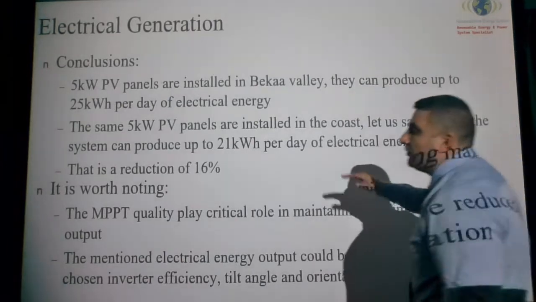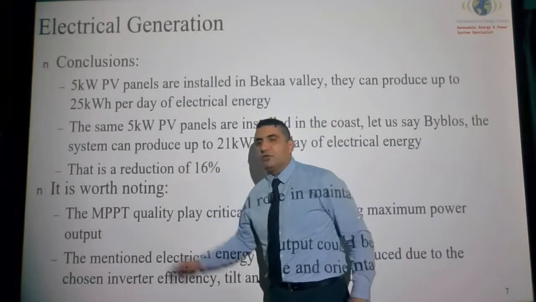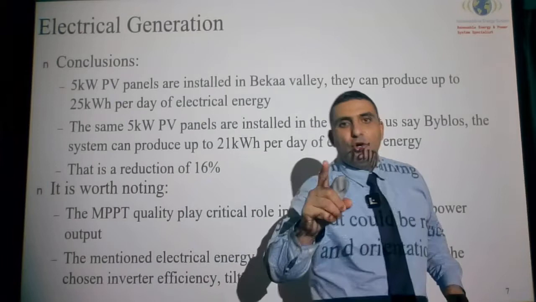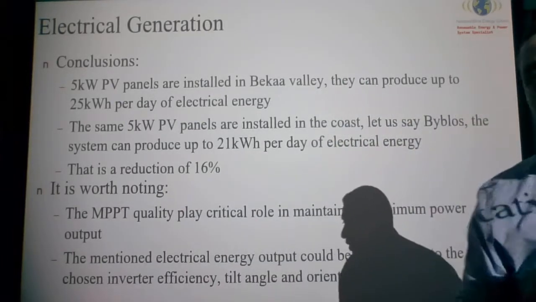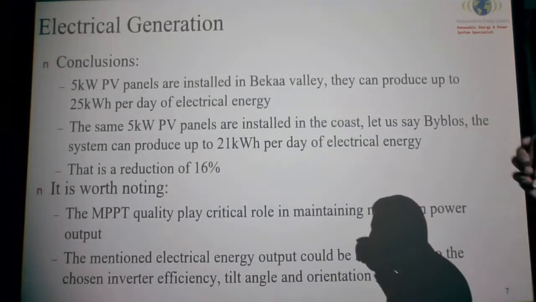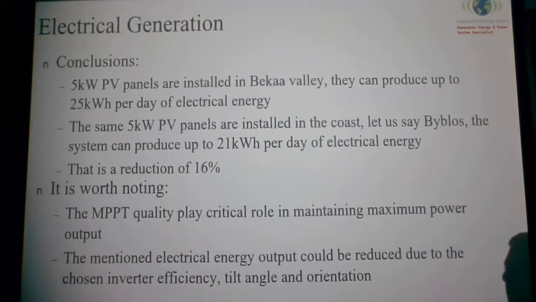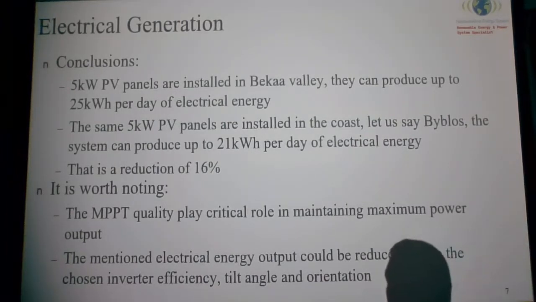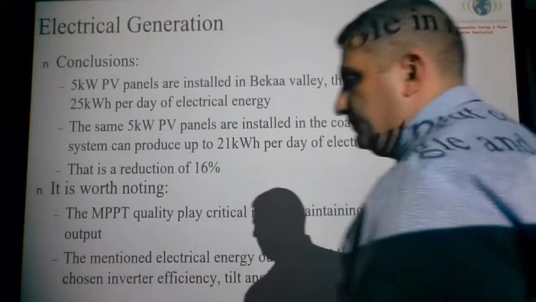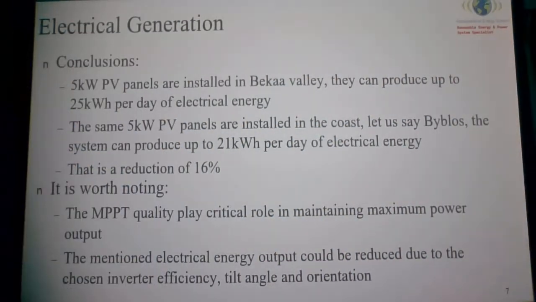It's worth noting, guys, it's very important to mention that your chosen equipment, what you choose for your MPPT, it's very critical to maintain maximum power. It's very, very critical. Also, your inverter efficiency.